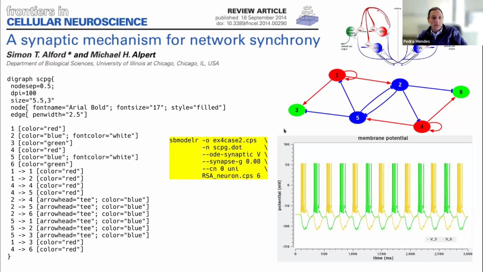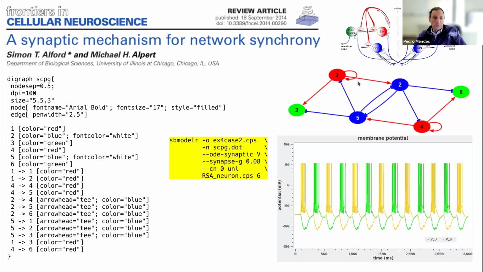And that's achieved with a neural network like this, where you have certain neurons, in red, 1 and 4, that have activatory synapses. And then the neurons in blue, number 2 and number 5, have inhibitory synapses to all the others. You see they're connected to all the others.